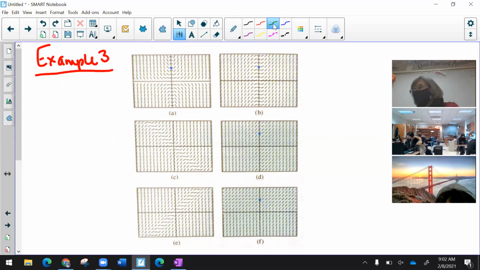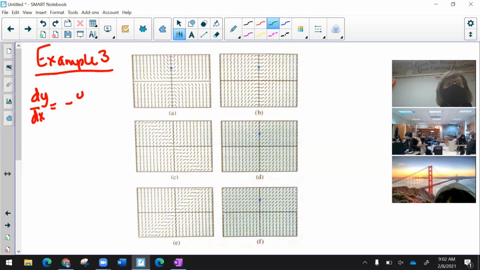So example 3 gives us a bunch of slope fields, and I am trying to figure out which of those slope fields goes with dy/dx equals negative y over x. There are some things that you can think about. Anybody got any ideas?